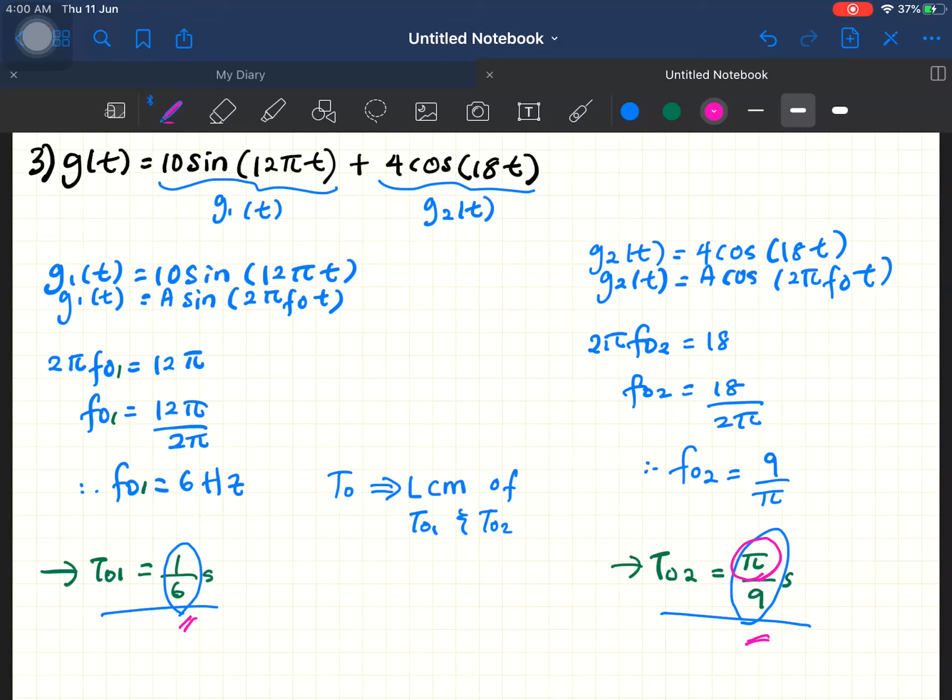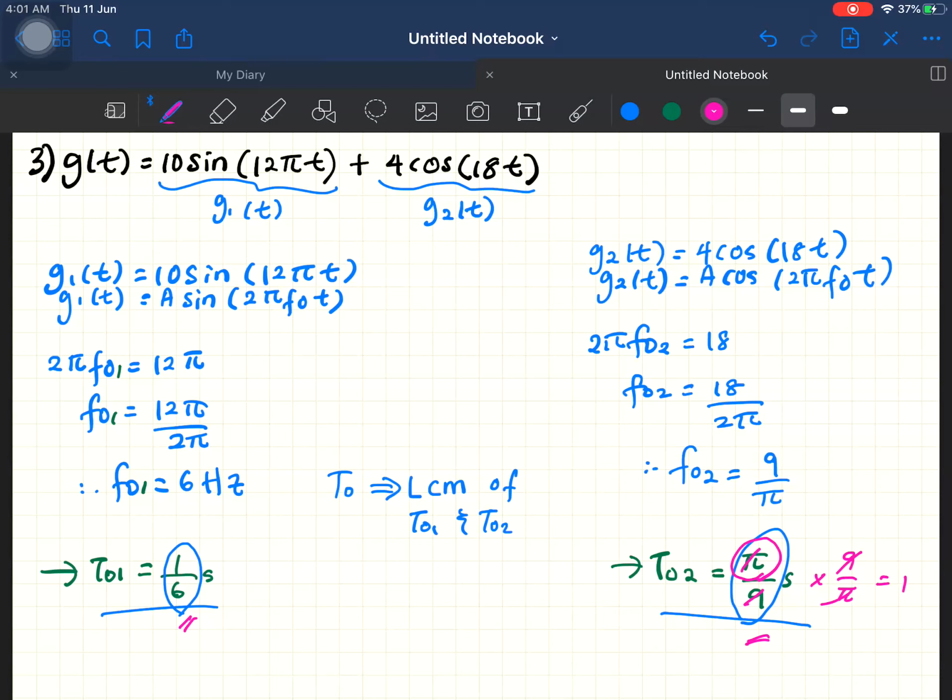Okay, because let's say if you multiply this with, let's say, 9 over pi, so you will get 1. You cannot use this to multiply with this number because it cannot eliminate pi.